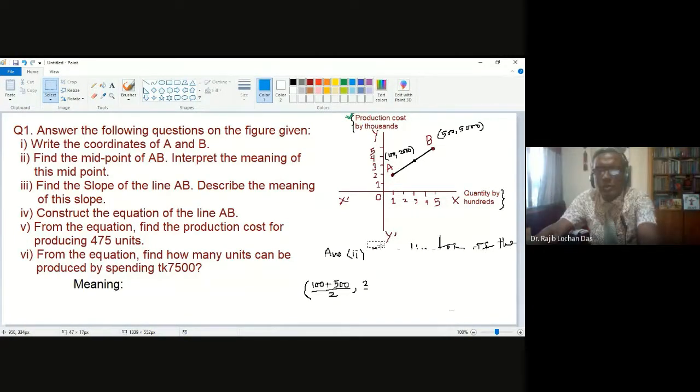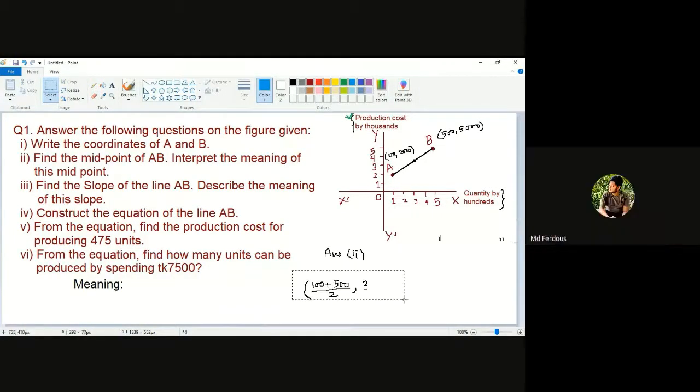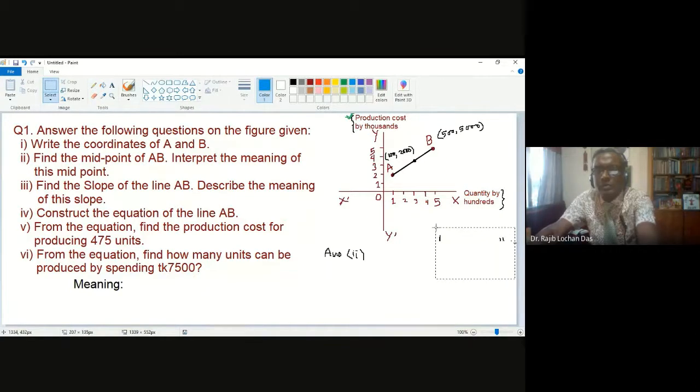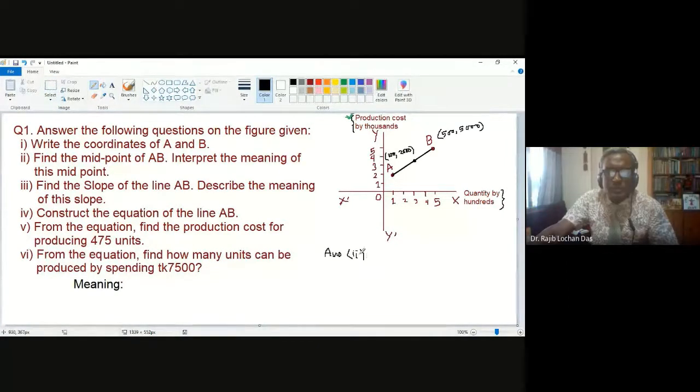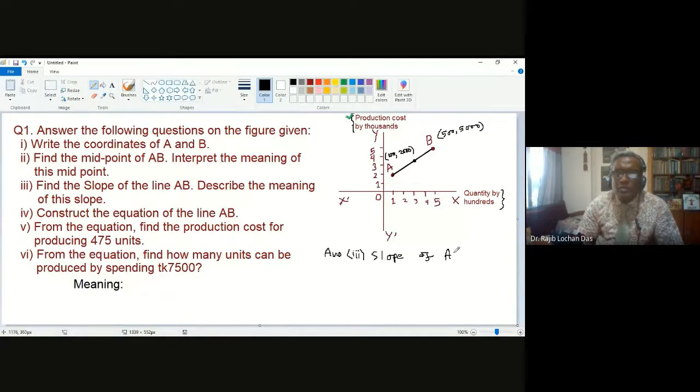Okay, so you know how to find out the slope. Yes, sir. So you do the calculation and the slope will be 7.5. Okay, good. Let me just do this for everyone so that everyone can understand. Slope of AB, you can write M. M is the name, but it is not mandatory. It's up to you.